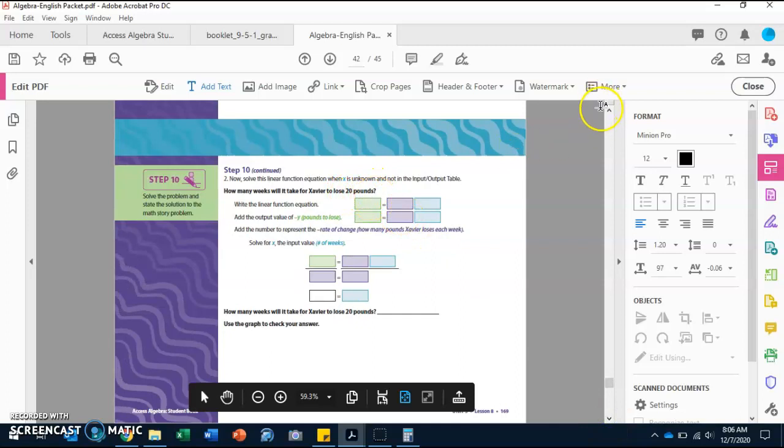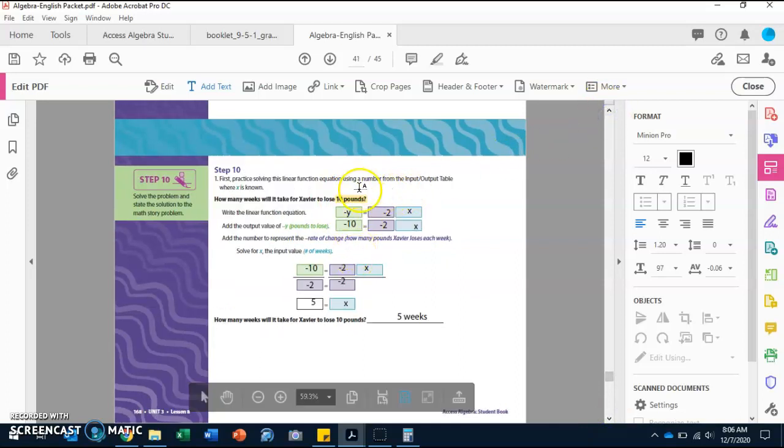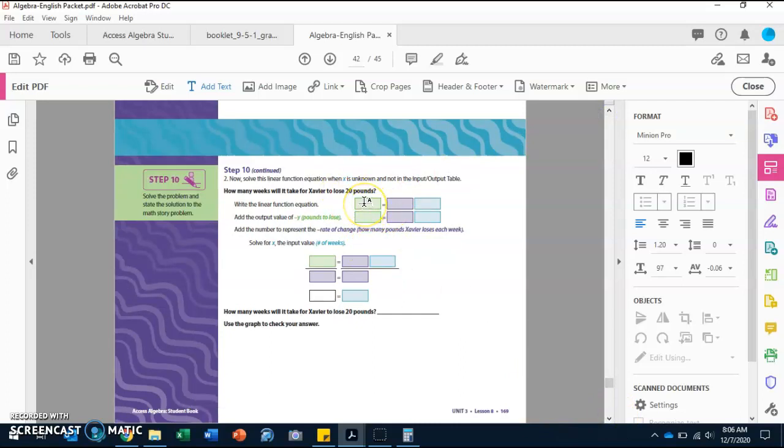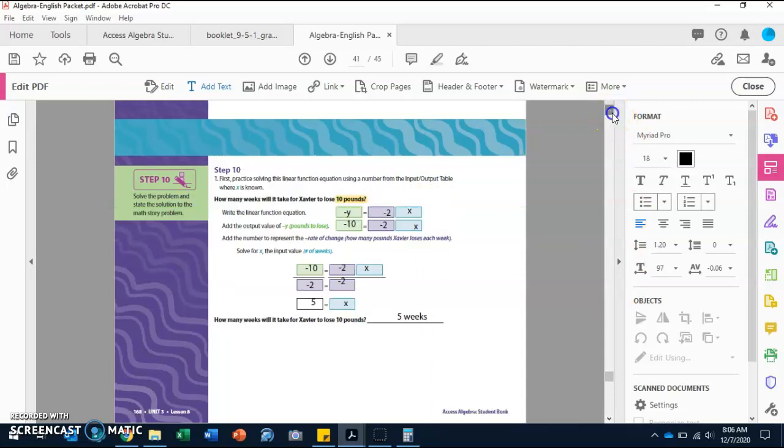We're going to do the exact same thing we did here, but now, instead of 10, we're going to do 20. So here, we're going to put the same thing. Negative y equals negative 2x, because that's our equation. Our equation hasn't changed.